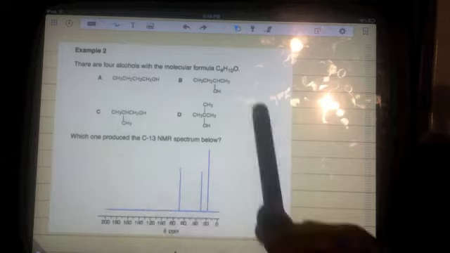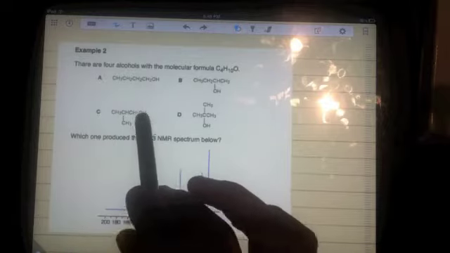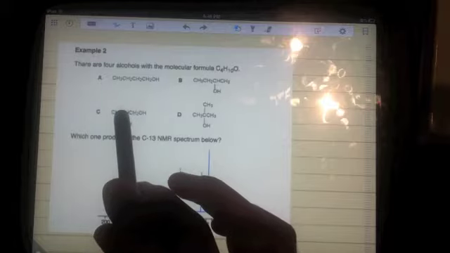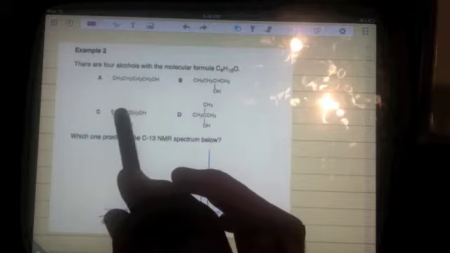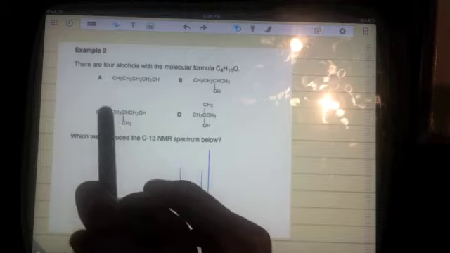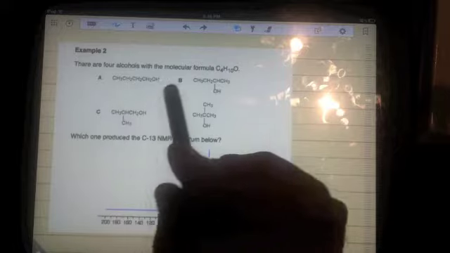Moving down to C, what we've got here is an OH at the end, 2 bonds, 2 carbons. Then we have a branch off to 1 carbon here and 1 carbon here. Because we have this, what we've got is a line of symmetry down. I'll just try and draw it in. I'll zoom in.